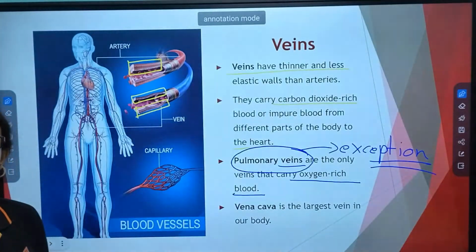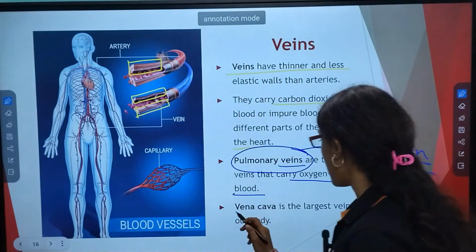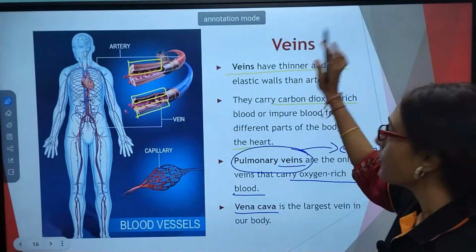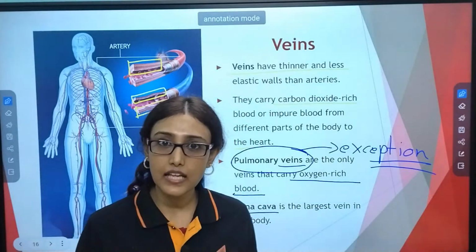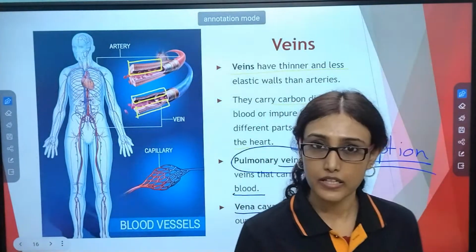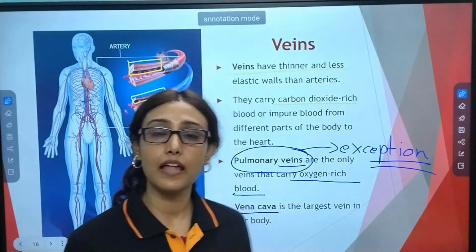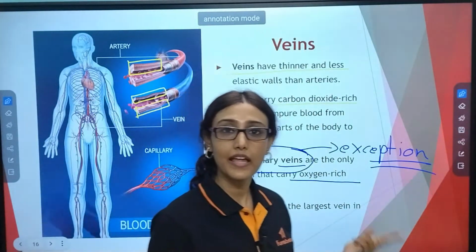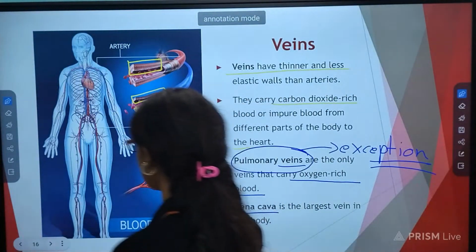And the largest vein of our body is known as vena cava. V for veins, V for vena cava. A for arteries, largest artery is aorta. V for veins, V for vena cava. Vena cava is the largest vein of our body. Clear? I hope it is clear.